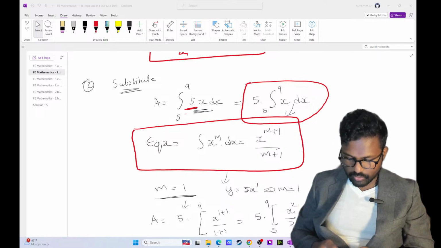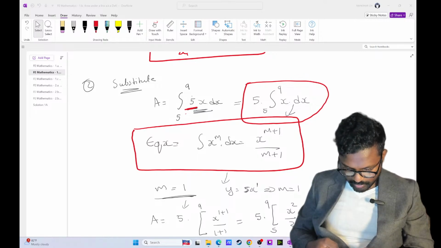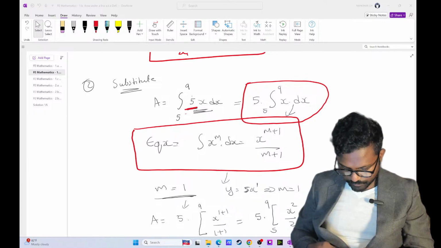I even included the constant 5 and I'm solving it. So let's see.